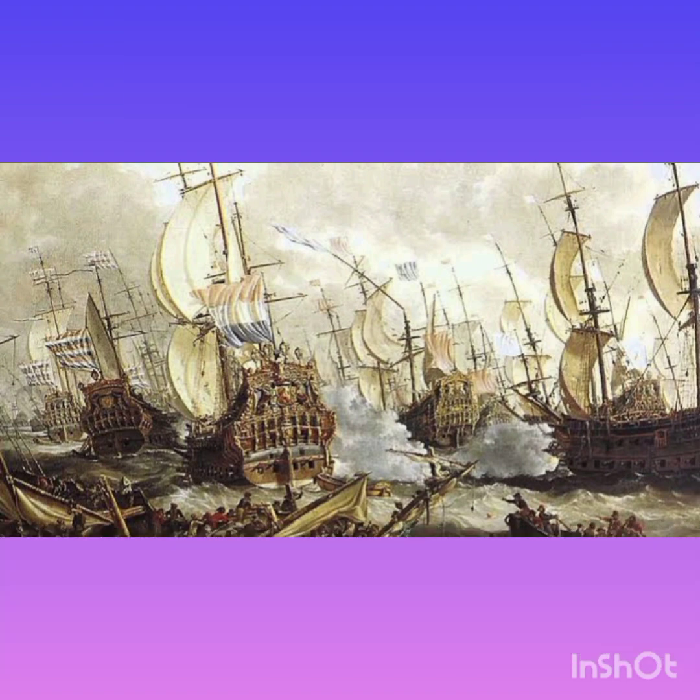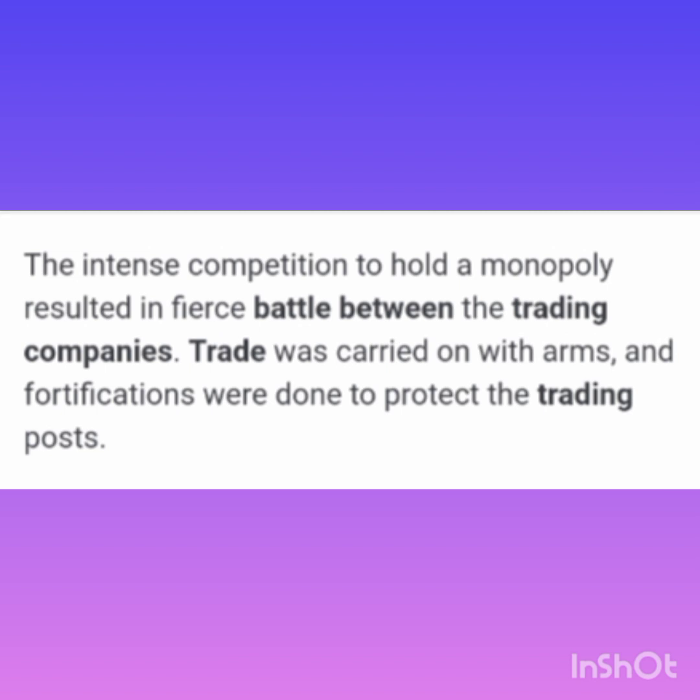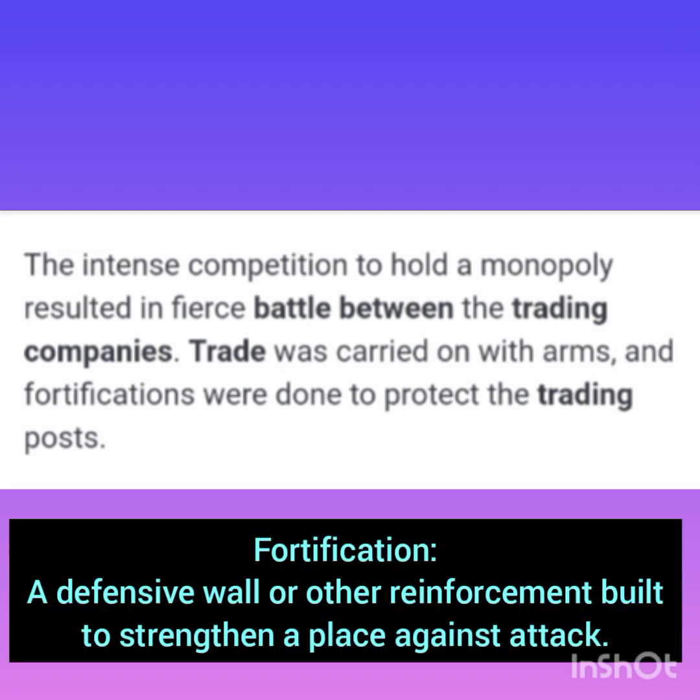And students, to achieve this, they built their own armies and used force to achieve their goals. They also started to block each other's routes and fortified their factories.